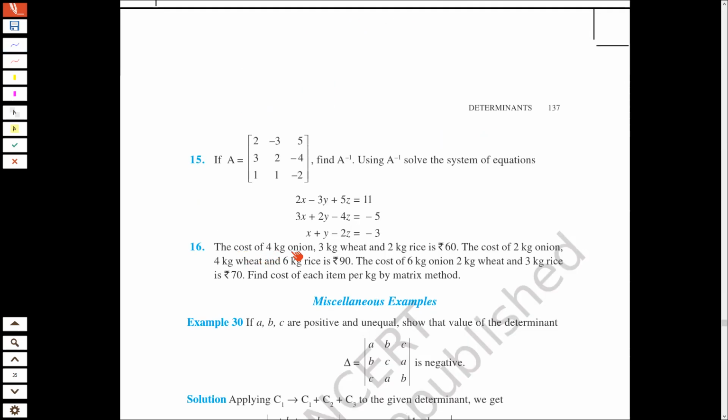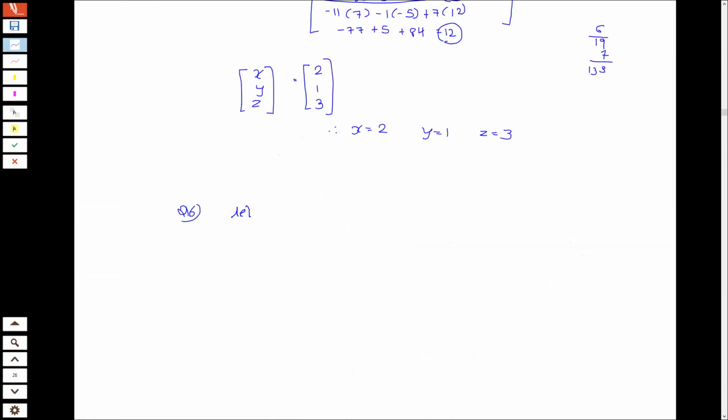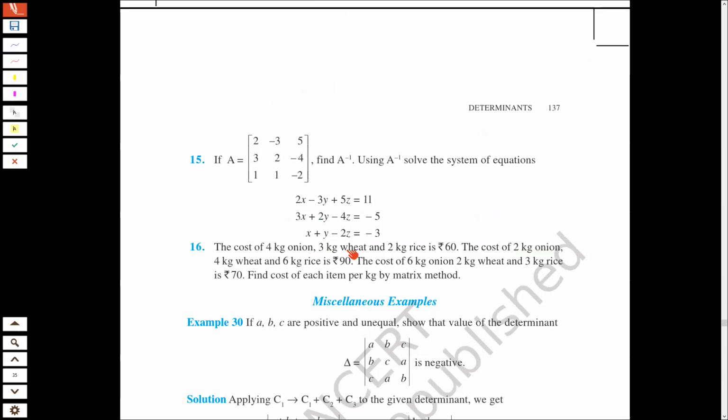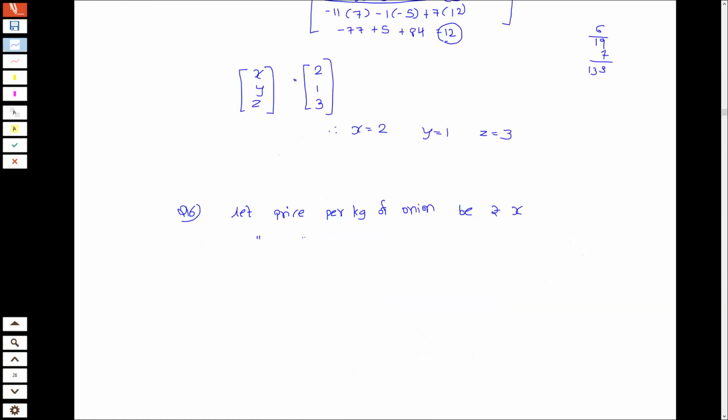The cost of 4 kilogram onion, 3 kilogram wheat, and 2 kilogram rice is 60. So they have given. So I will write, let price per kilogram of onion be X rupees. Then of wheat be Y rupees.